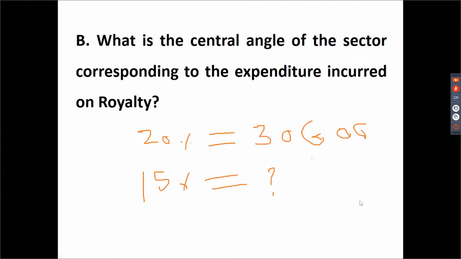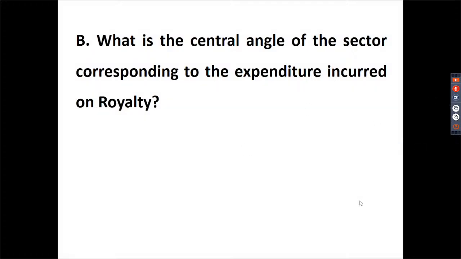Then 15% is equal to what? Do it fast, ma'am.